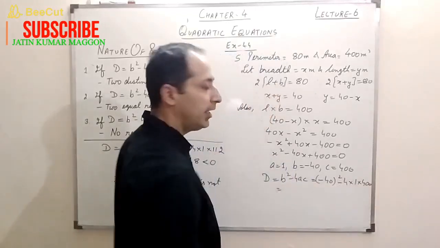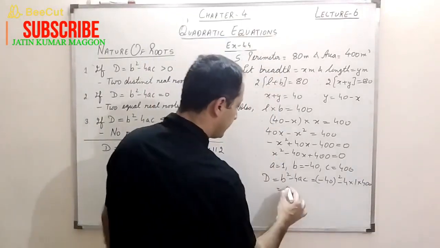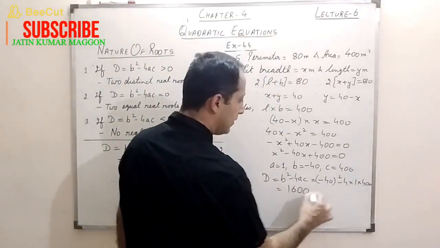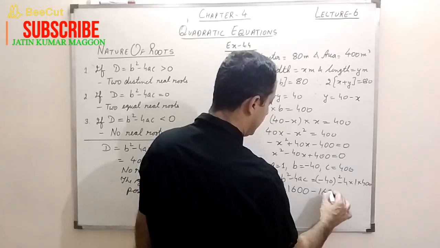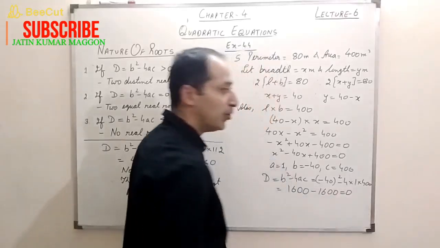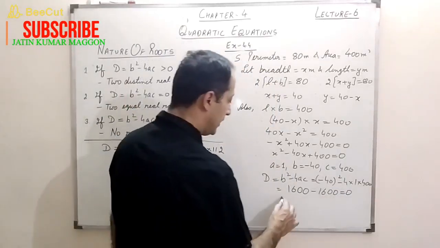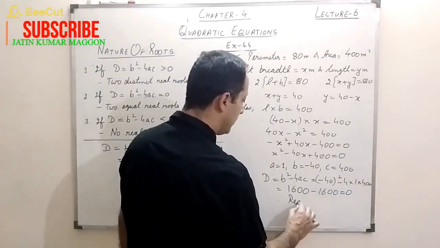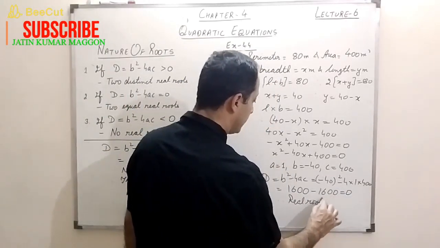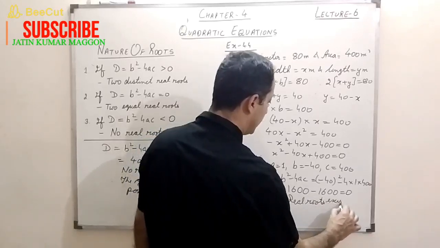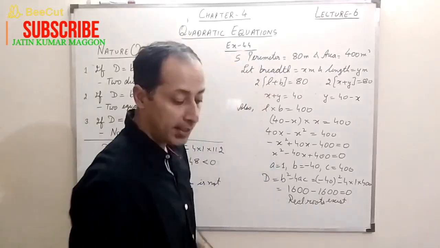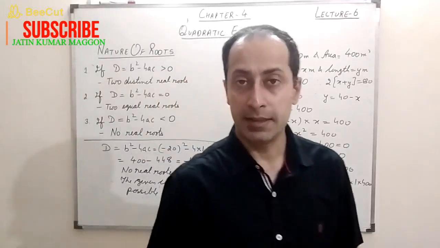So the square of 40 becomes 1600, minus 1600, and that is 0. So 0 also means that the roots are real. So we say real roots exist.